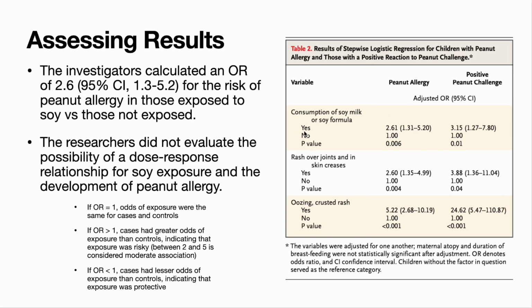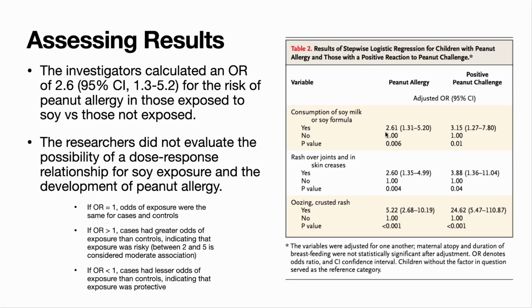And so our odds ratio for yes, consumption of soy milk or soy formula leads to a peanut allergy would be 2.61, okay? When we remember how we read our odds ratio, we look down here and we see if odds ratio is equal to 1, then odds of exposure were the same for cases and controls. If odds ratio is greater than 1, then the cases had greater odds of exposure than controls. And if odds ratio is less than 1, then cases had lesser odds of exposure than controls.